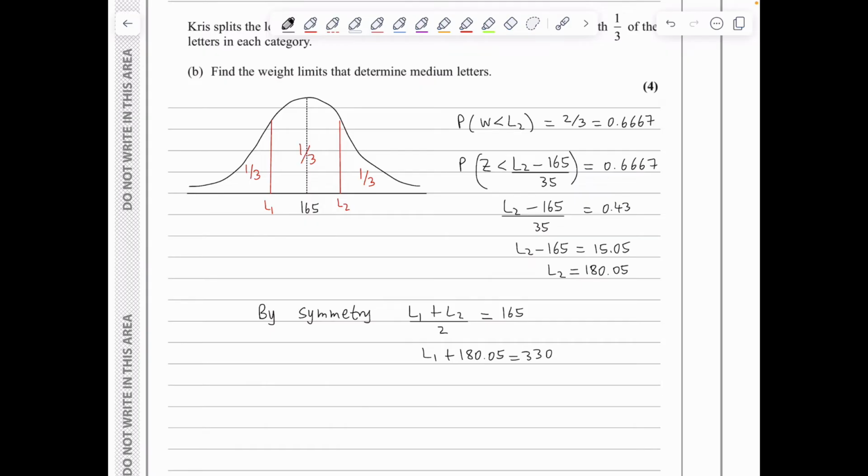I cross multiplied, leading to L1 is 149.95. We therefore conclude that the medium letters satisfy 149.95 being the lower limit and 180.05 being the upper limit. The mark scheme here is accepting anything that rounds to 150 and 180 respectively.